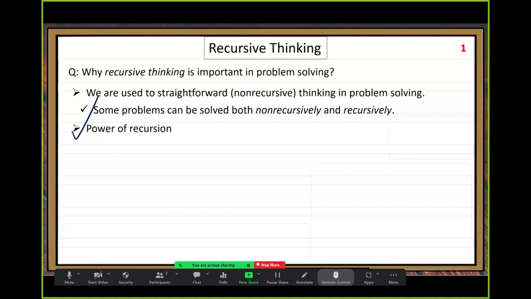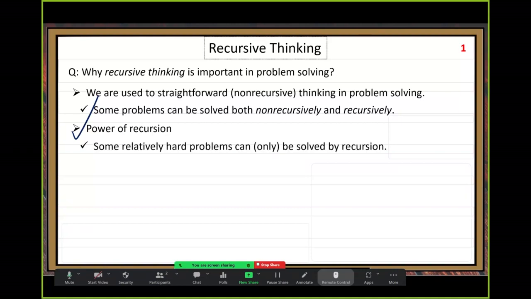This method is very powerful, so we want to use its power in problem solving. We have many examples. You will see the power.